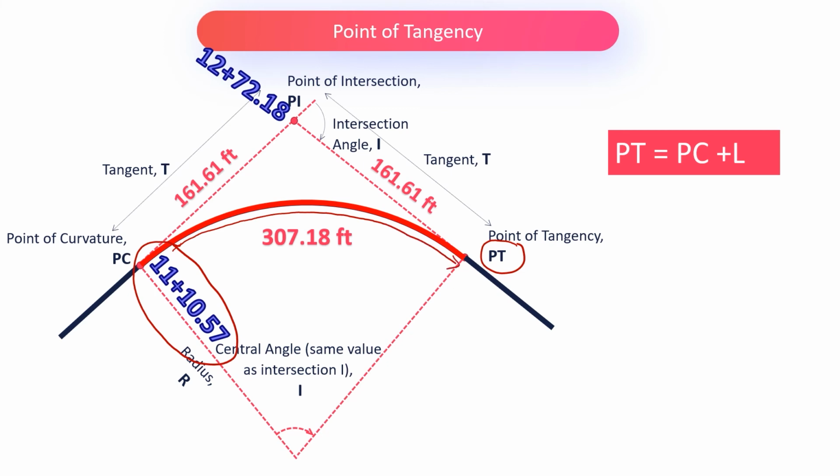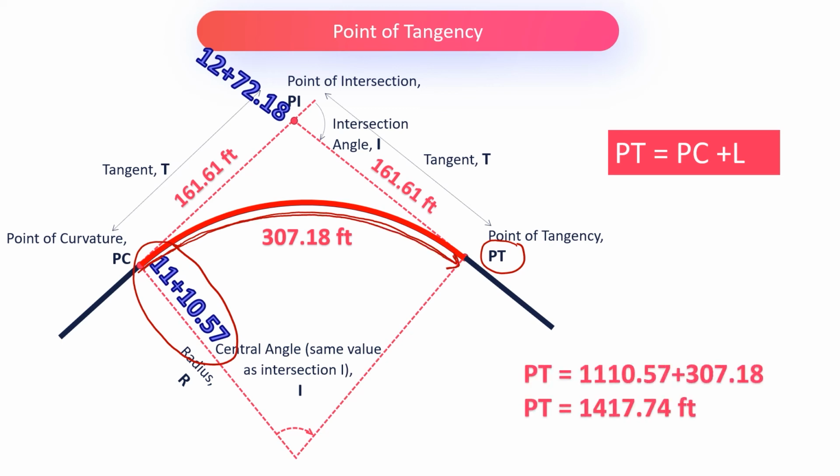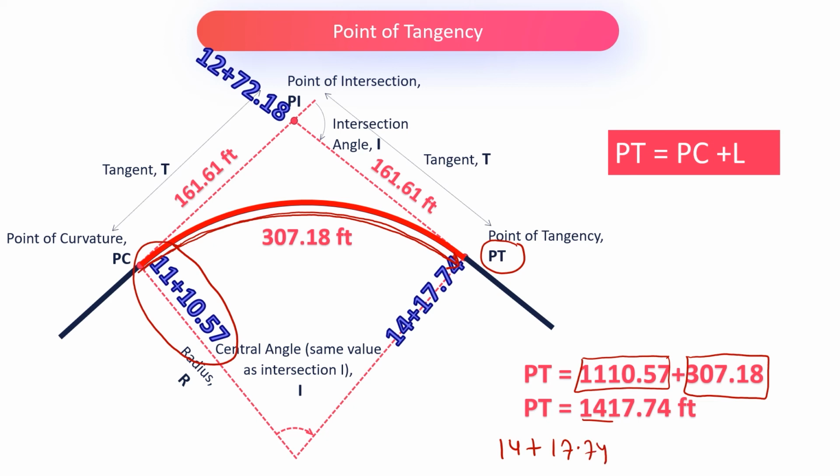Take the value of PC from the origin, and you add the length of the curve, and that would give you the value of PT. And you can write this as 14 plus 17.74. So this is how we find the point of tangency.